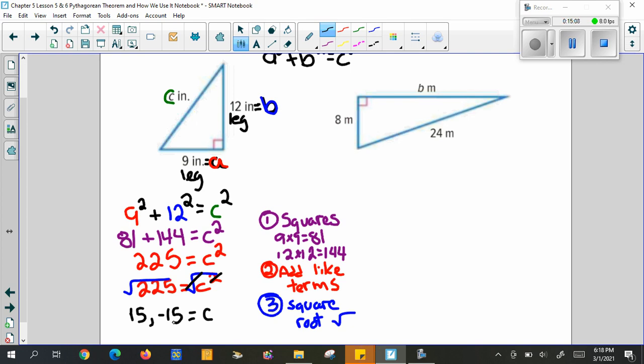Something to remember about square roots. Square roots have two answers. The positive 15 and the negative 15 are both the square root of 225.